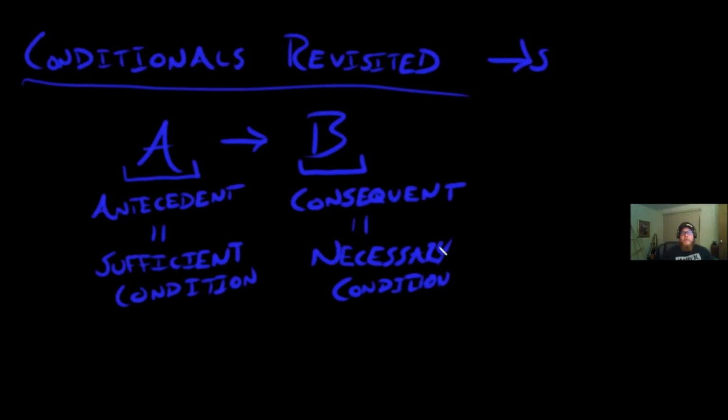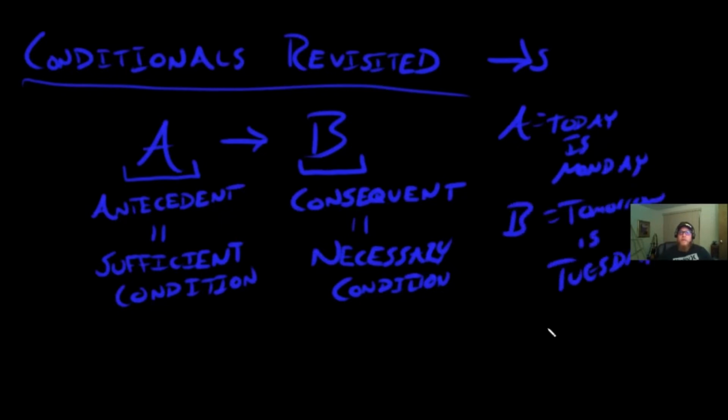Let's say A stands for today is Monday, and B stands for tomorrow is Tuesday. If I say A, arrow, B, one way of saying it is, if today is Monday, then tomorrow is Tuesday. Another way is, if today is Monday, necessarily it must be true that tomorrow is Tuesday. So that right side of the arrow has the sense of mustness or necessity to it.